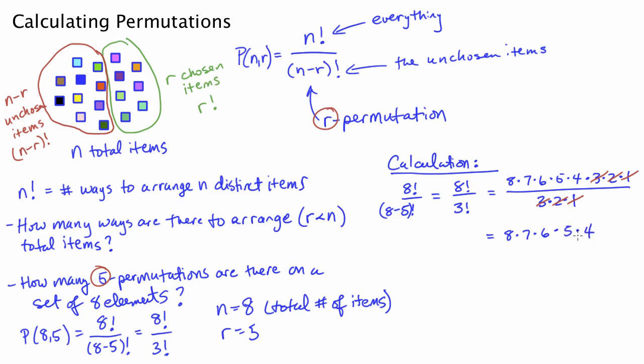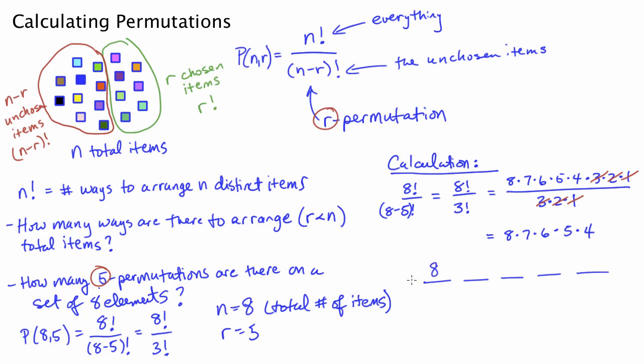Now, this should be awfully reminiscent of something that we just got through doing, and that is slot diagrams. So let's think of it this way. Since it's a 5 permutation, I'm choosing 5 elements to make up my list or my arrangement. How many choices do I have for the first one?